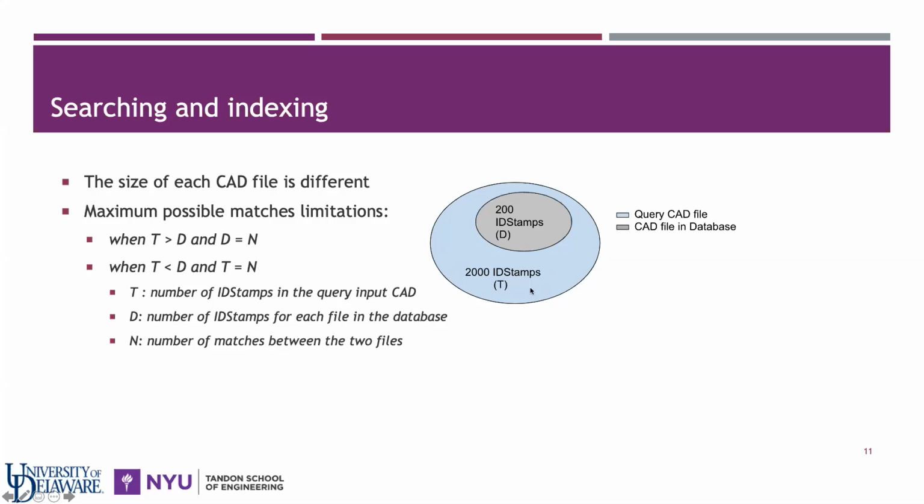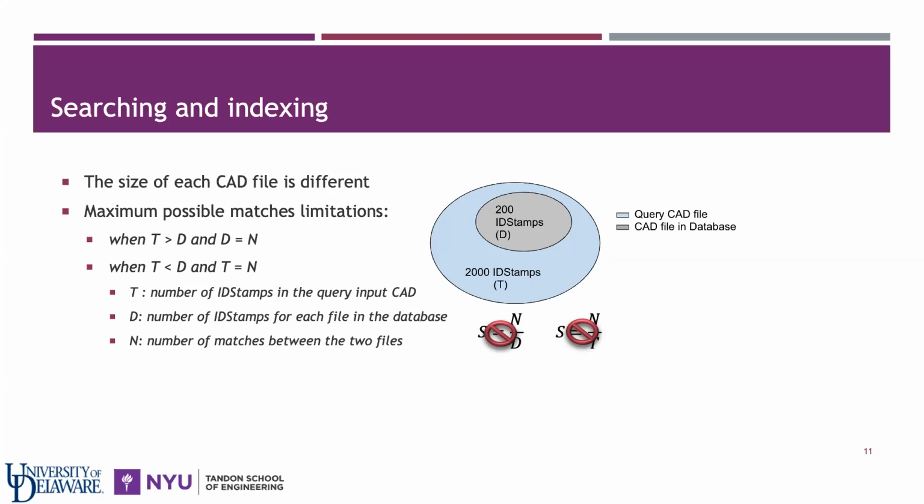If the equation for the similarity index were simply n divided by d, the result would saturate to 1, but that is not the truth. Since the input query file contains 2000 ID stamps, file A is not an exact match of file B. A similar issue happens in case 2 when the input file has fewer ID stamps.